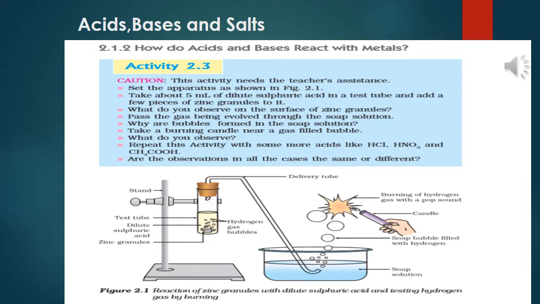To perform this activity, we need to manage some materials. Number one, 5 ml of dilute sulfuric acid, a test tube, some zinc granules, a soap solution, a matchstick or lighting candle.